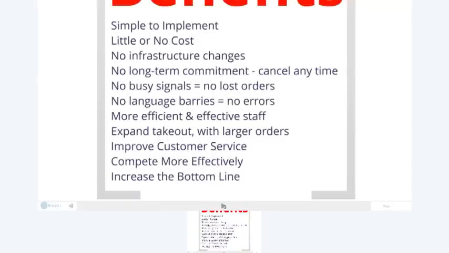So it's a very convenient, very efficient way to do ordering and receiving of orders of any size. And of course, with all of these benefits coming in, you do get better customer service, and the restaurants can compete more effectively due to all of this, and hopefully and usually make more money.